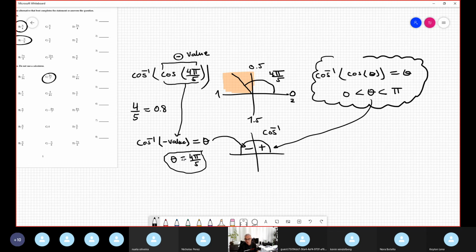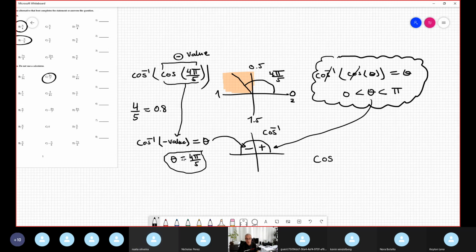So the fantastic conclusion is this. When you have a combination, cosine inverse and cosine undo each other if theta lies between 0 and pi. In other words, first quadrant or second quadrant. First quadrant positive, second quadrant negative. More clear? So it's negative because the value inside is negative, right?